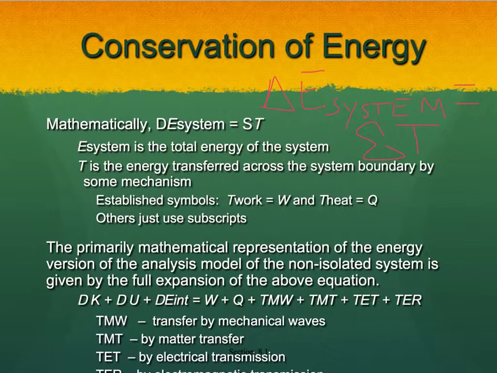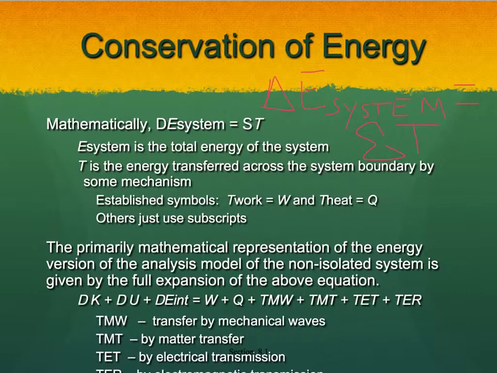So that delta E for the system is just representing the change of energy of that system, and it is equal to the energy transferred across the system boundary by some mechanism. Remember that the energy of the system is going to include all methods of stored energy.